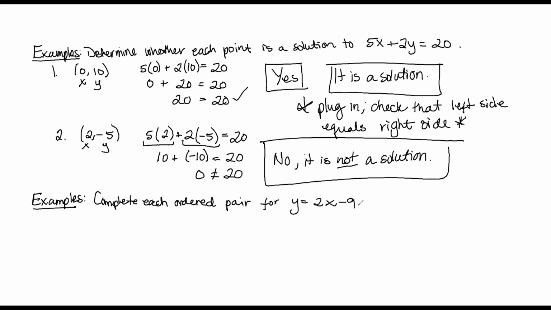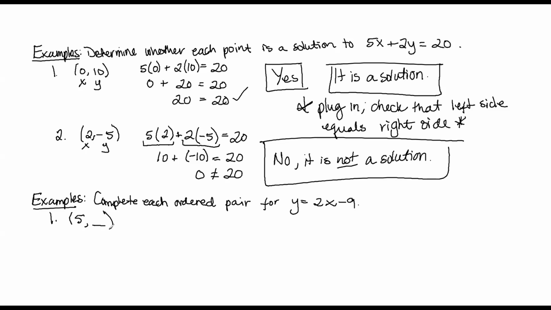And this is something we'll do when we first get into graphing before we learn the shortcuts. We're going to pick an X or Y and then find the missing part so that we can graph that point. So number 1, we're given the point 5, comma, blank.